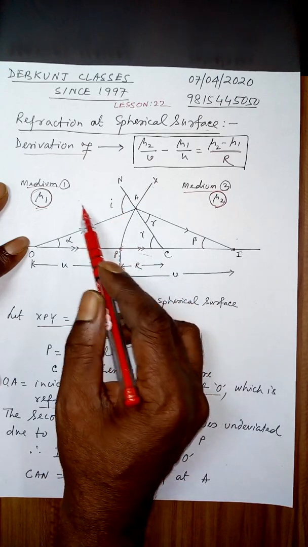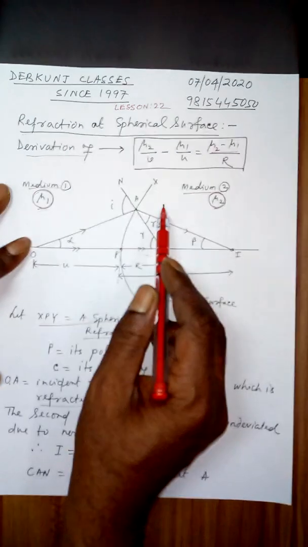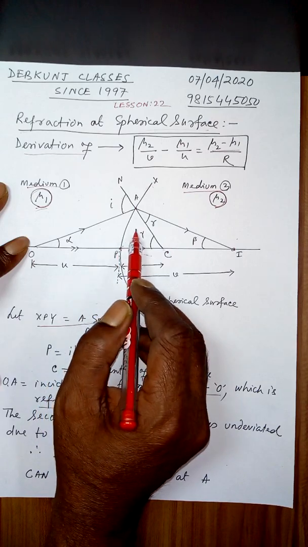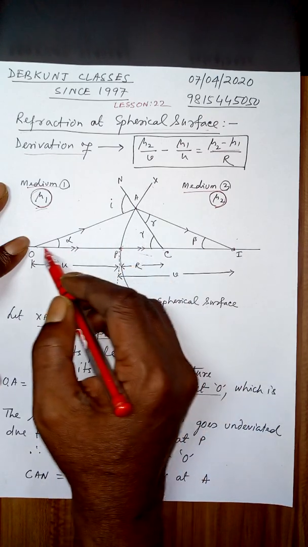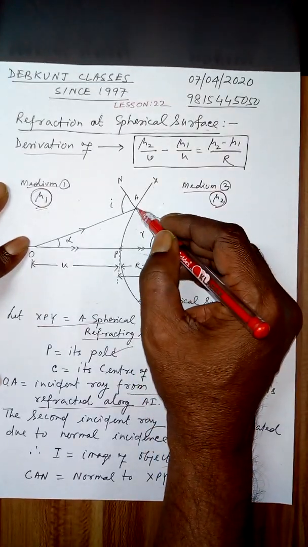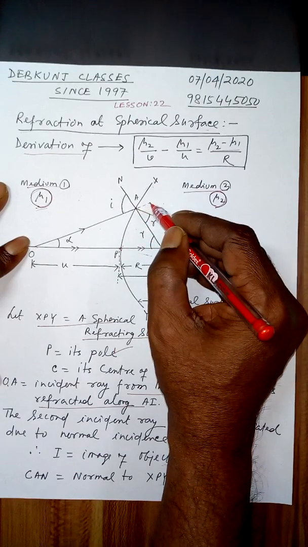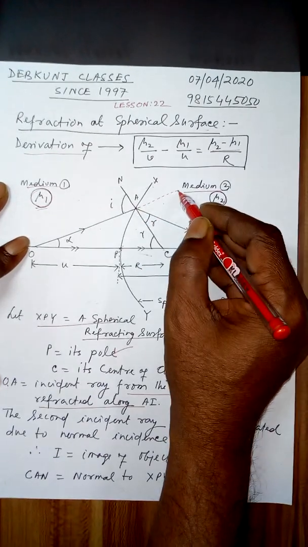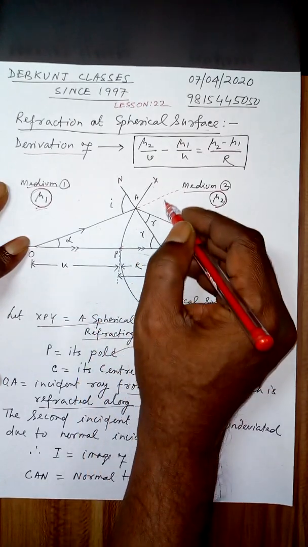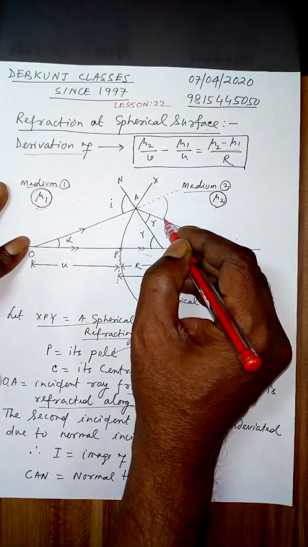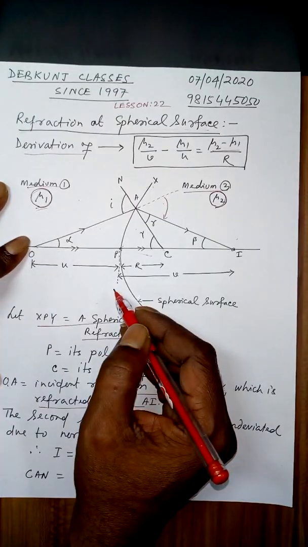Let's say this is rarer, this is denser. Going from rarer to denser, it will bend towards the normal. The ray OA was supposed to travel like this. Going from rarer to denser, it has bent by this much.